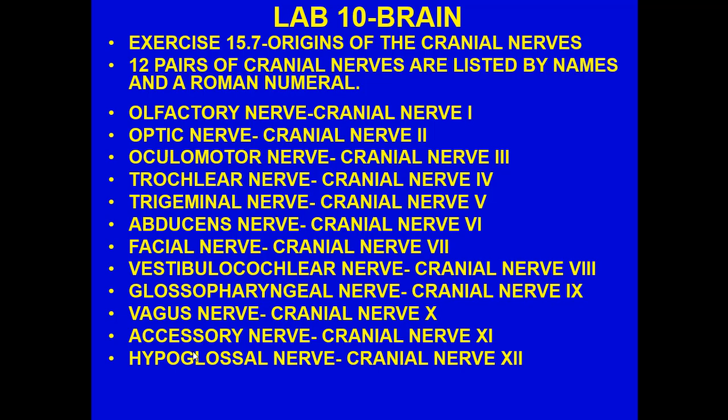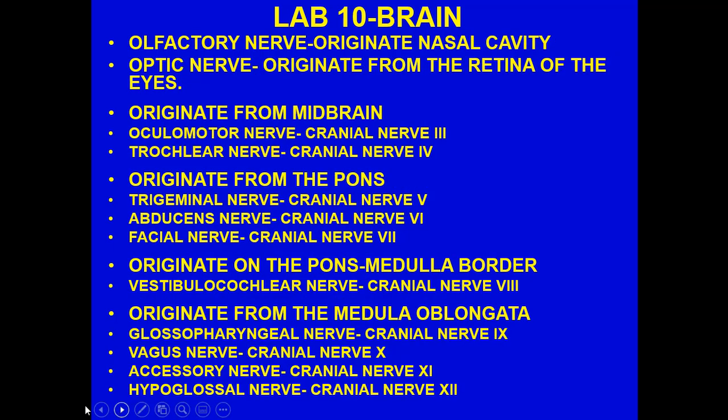Okay? When we get into the autonomic nervous system, you're going to be reintroduced to the vagus nerve and how absolutely essential it is for the proper homeostasis of the person. The accessory nerve is mostly motor, and the hypoglossal, I believe, also is mostly motor. But we'll go through this a little bit more in depth.